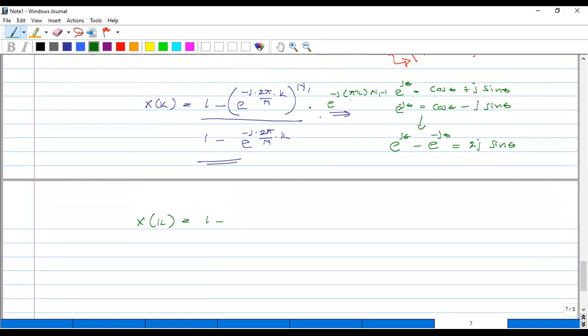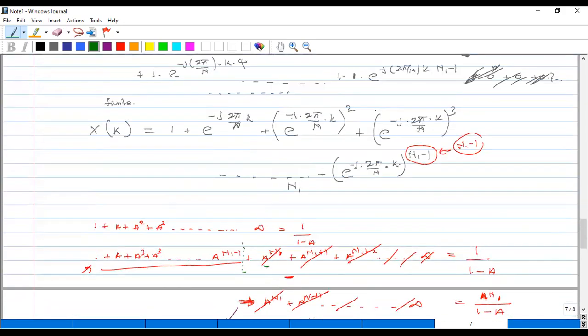So we have this term, and if I write another one minus j, no, this should be n, then I will get n1 minus 1 n.